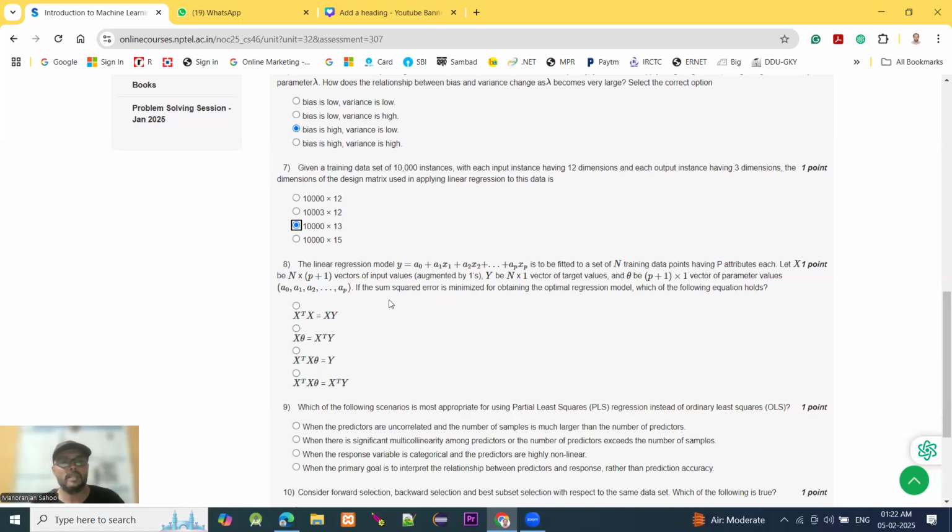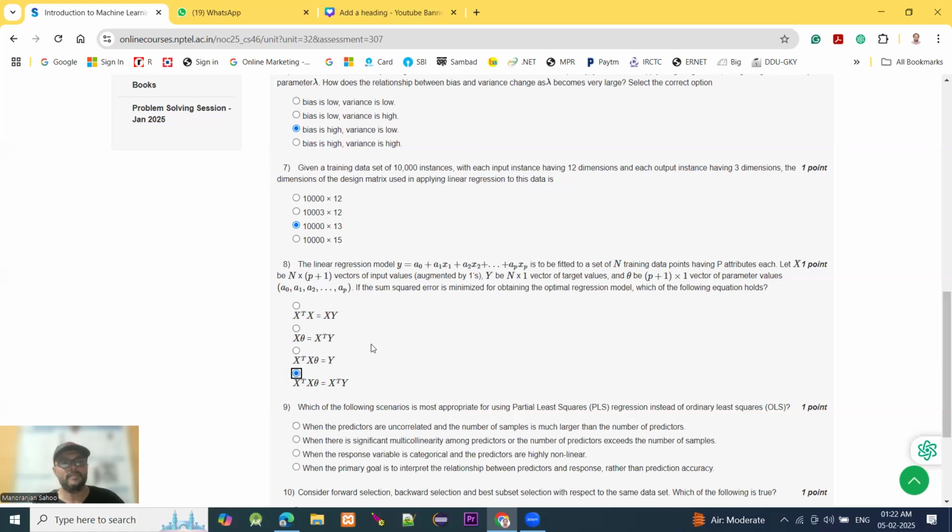If the sum squared error is minimized to obtain the optimal regression model, which of the following equations holds? This equation means X transpose X theta equals X transpose y. Okay, this equation holds.